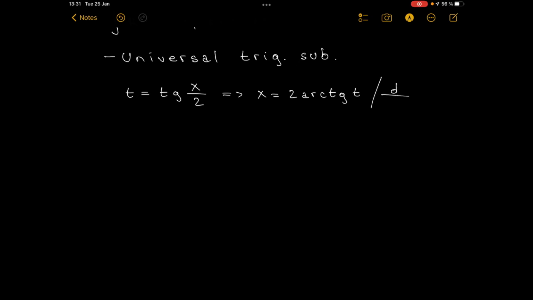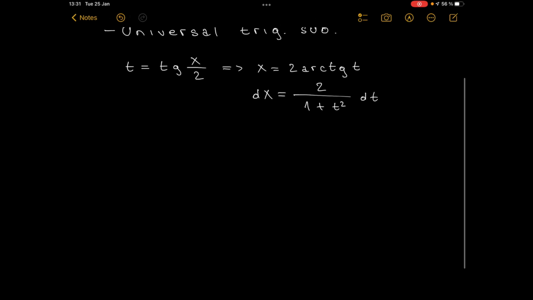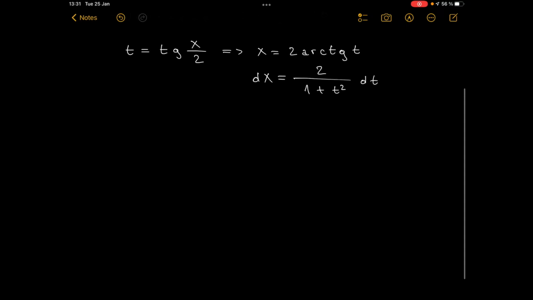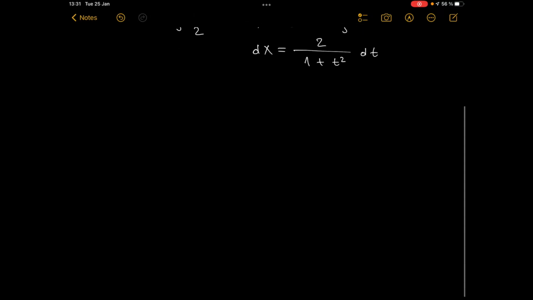So when you differentiate both sides with respect to x on the left and with respect to t on the right, you can actually find that dx is equal to 2 over 1 plus t squared, of course, times dt. Now, what we want to do next is rewrite sine x and cosine x in terms of t.